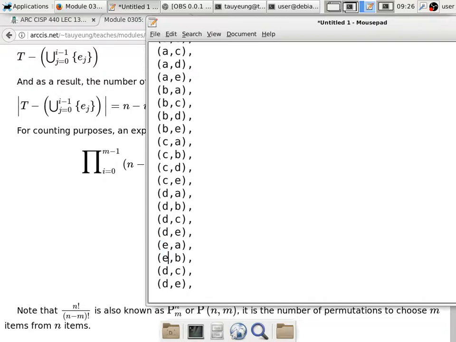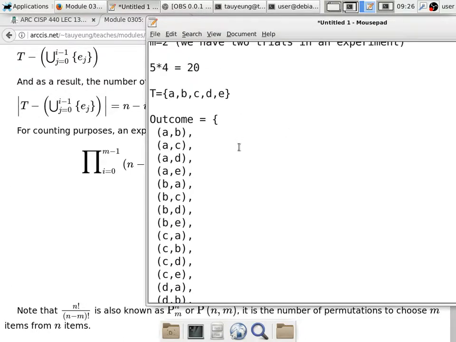So we got EA, EB, EC, and then ED. That is the entire set of all possible outcomes for the entire experiment. Is that okay? And there are exactly 20 elements in this particular set.